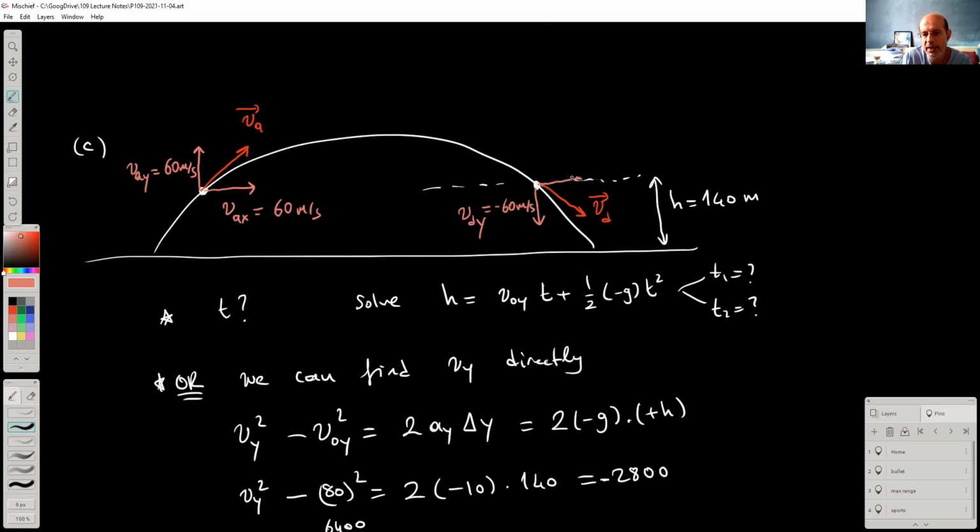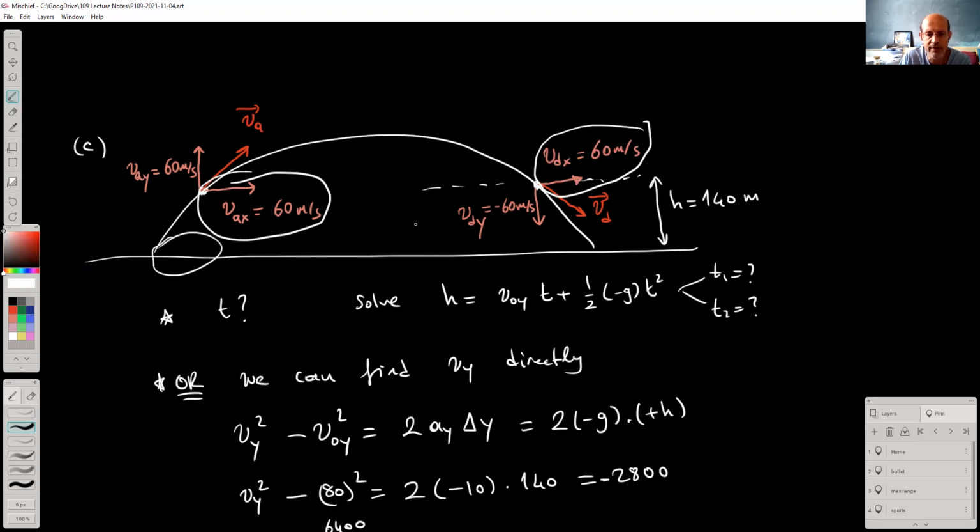So in all of these places, the x component will be 60 meters per second. Okay. So obviously, the x component of the velocity is the same all the time, right?